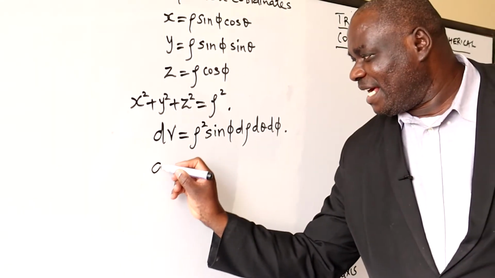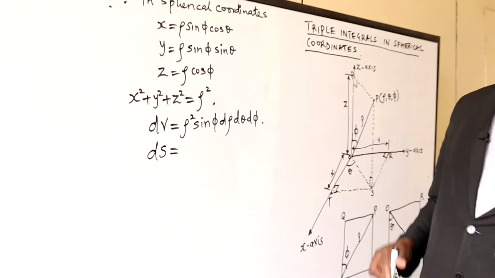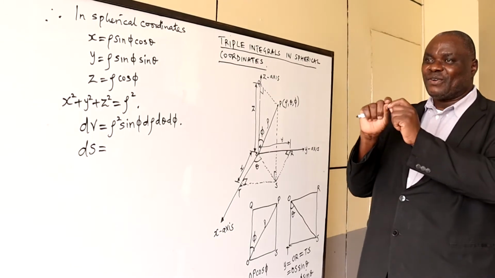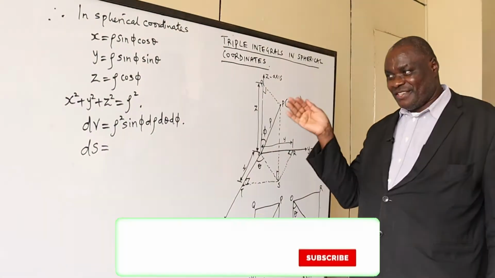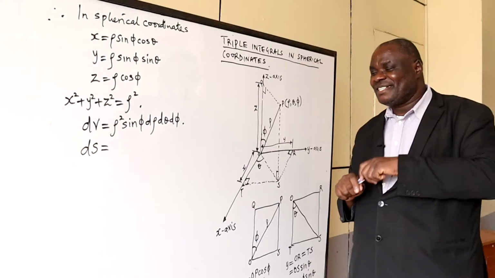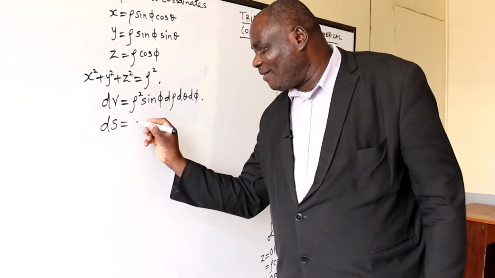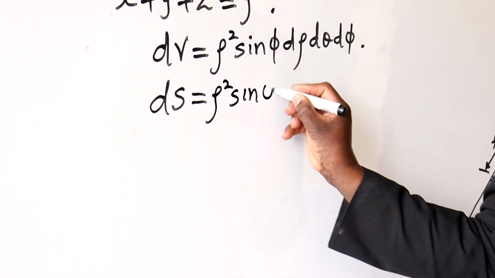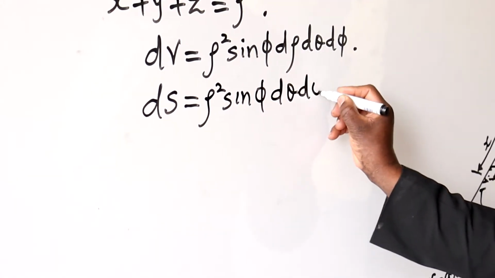Now, when we work over the surface of a sphere, the length from the origin is not changing. So a small portion on that particular surface, dS, will be equal to rho squared sine phi d theta d phi.